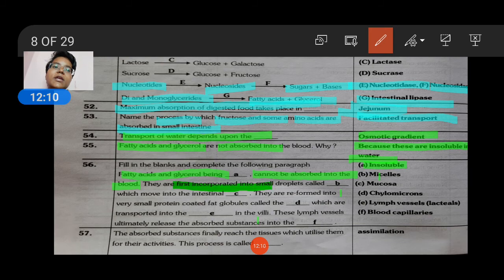They are first incorporated into small droplets called micelles. Micelles is very important. Micelles move into the intestinal mucosa. They are reformed into very small protein-coated fat globules called chylomicrons.